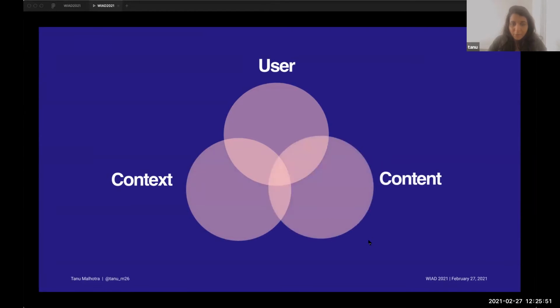And then we have content which is governed by the user, the way they behave with the context, and what content is presented to these users. So this is our baseline understanding of how IA would work at the intersection of user, context and content.